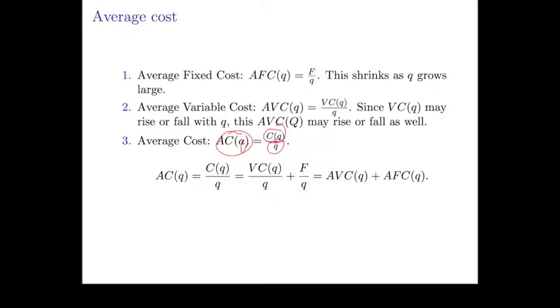So this is per unit, what does it cost you to produce? Now, C of Q is just the sum of variable cost and fixed cost. So if we divide C of Q by Q, it's the sum of variable cost divided by Q plus fixed cost divided by Q. But we know variable cost divided by Q is just average variable cost. Fixed cost divided by Q is average fixed cost.